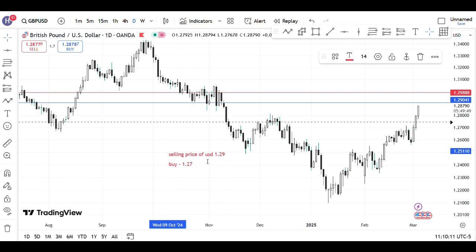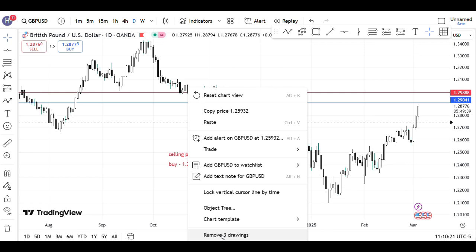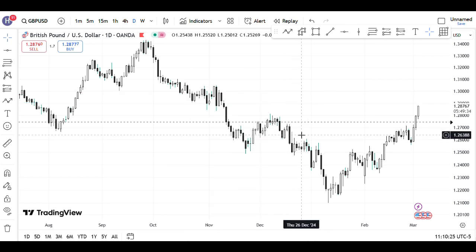So this margin they keep as their profit. But there are some companies giving without margins. That depends on the broker. So that is the basic thing I shared with you.